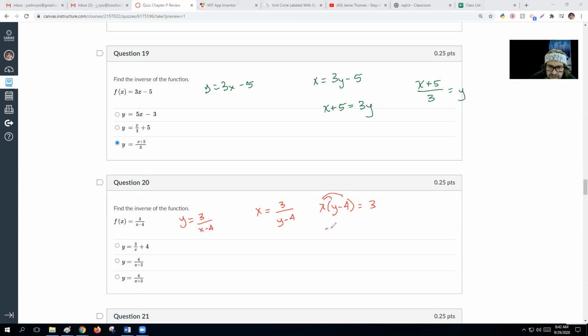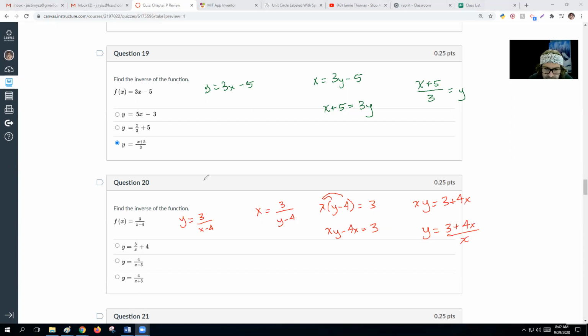We'll distribute the x here. We get xy minus 4x equals 3. We're going to start to solve for this y. We'll add the 4x over, and then we'll divide by x to get the y by itself. So we get 3 plus 4x over x.